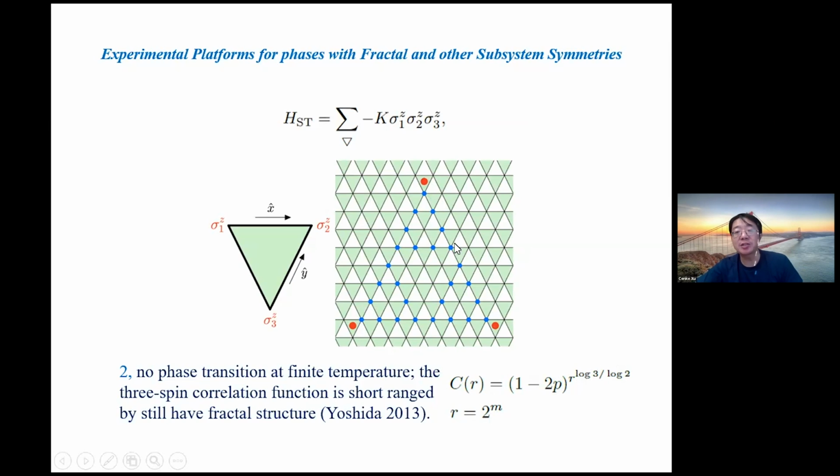But on the other hand, just like the one-dimensional Ising model, this model will be disordered by an infinitesimal temperature. So it means that this kind of fractal dimension also shows up by measuring the correlation function at a finite temperature.